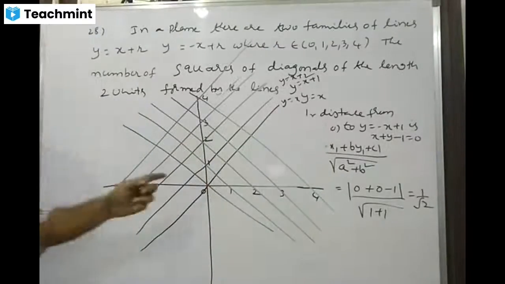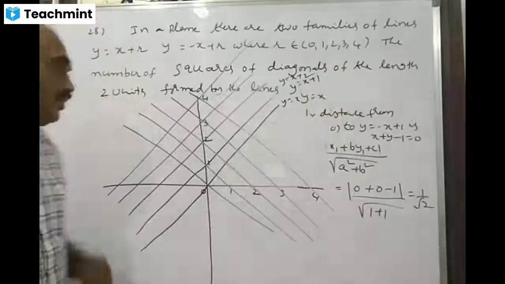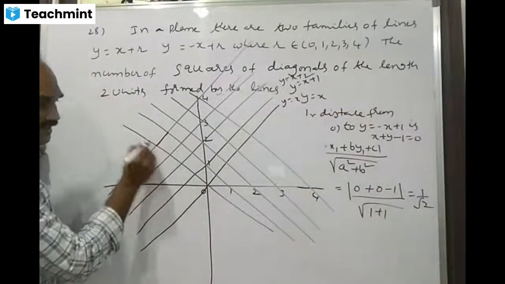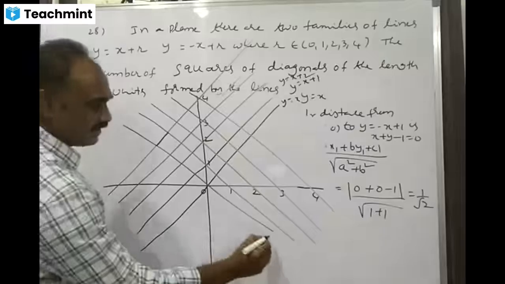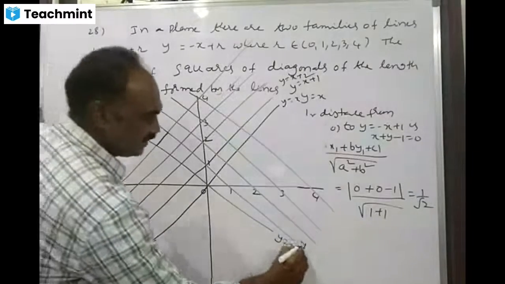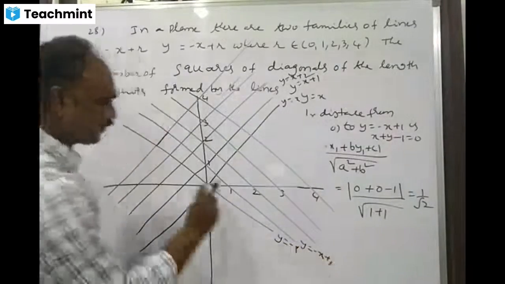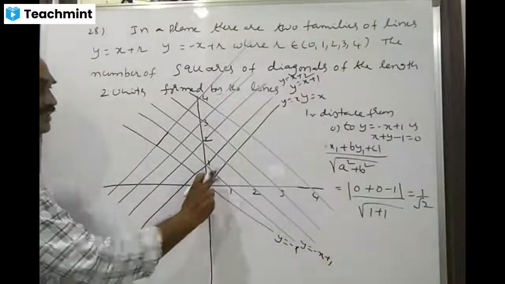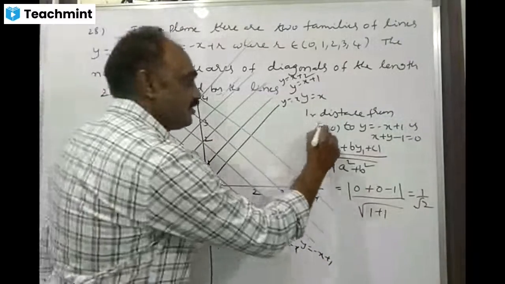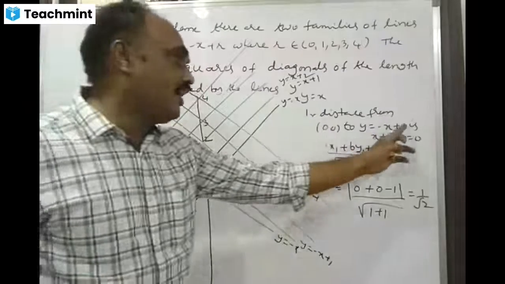Here, diagonal length 2 units. Friends, here this line is y is equal to minus x, and this line is y is equal to minus x plus 1. So here calculate this distance. This distance is the perpendicular distance from 0, 0 to y is equal to minus x plus 1.